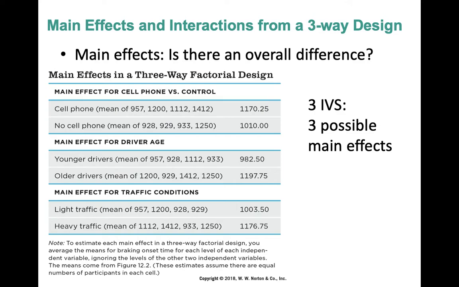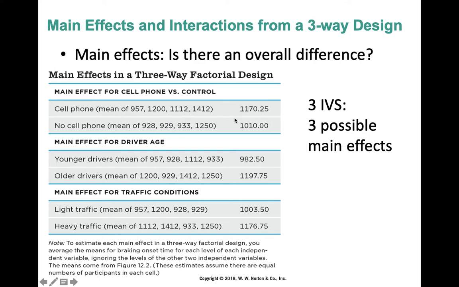So remember that a main effect is the simple overall difference of the effect of one IV that is averaged across the levels of the other IVs. So in this case, we'd be asking, let's just disregard for a moment driver age as well as the amount of traffic. Is there just an overall effect on braking time for whether people use a cell phone or not?